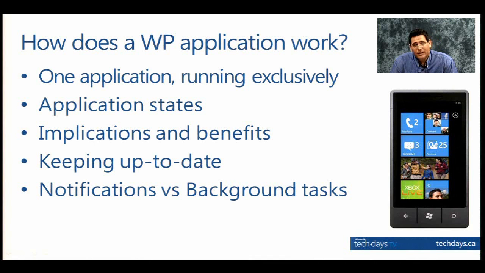Second is that you probably would like to concentrate in a phone on one application running and dedicate as much CPU power and as much memory as you can for that application. It is a phone. We do one thing at a time.